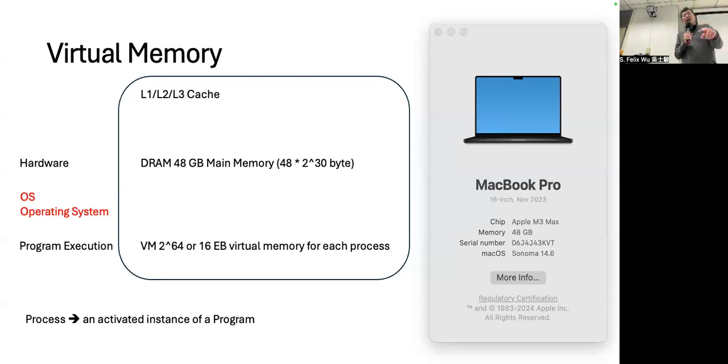So you can think about a computer that has 48 gigabytes, which is 48 times 2 to the 30. That's the size of the memory this computer has. But the addressability of this memory address, 2 to the 64, is exponentially bigger than what the computer really has.